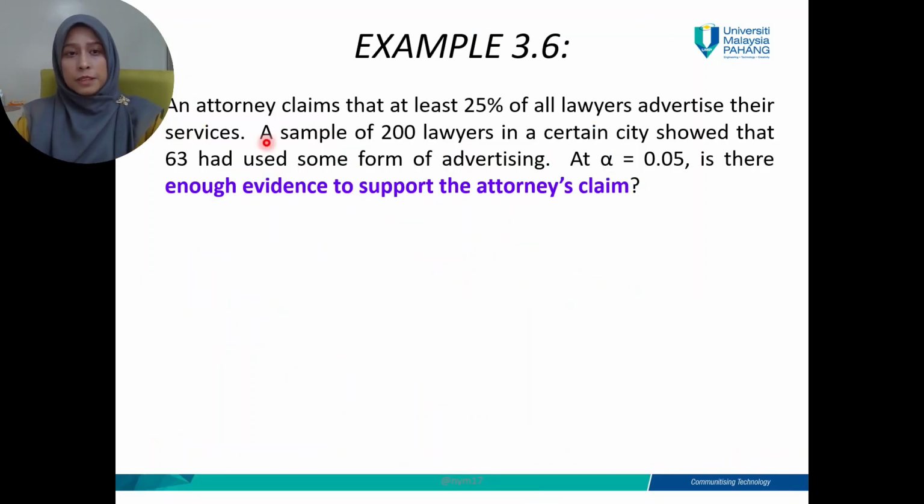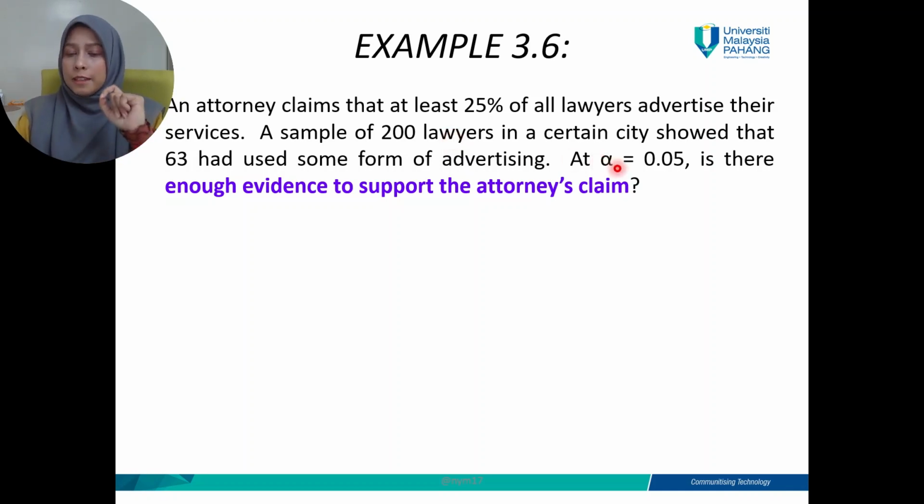So for example here, an attorney claims that at least 25% of all lawyers advertise their services. A sample of 200 lawyers in a certain city showed that 63 had used some form of advertising, which means 63 out of these 200 lawyers used advertising.